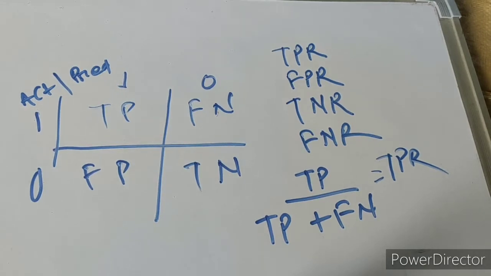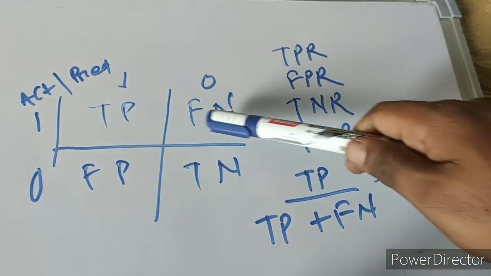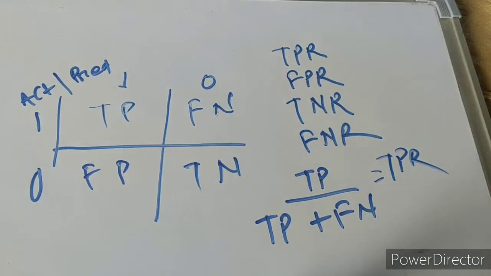So what exactly does this true positive rate stand for? The true positive rate stands for: out of total actual positive, how many positives are classified correctly? Suppose there are 100 fruits present, and out of 100 fruits, 40 fruits are lemon. Actually it is lemon.